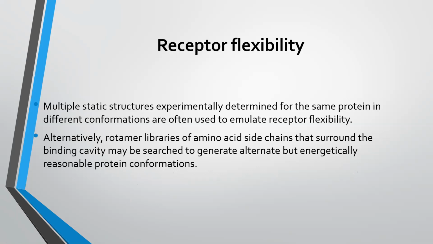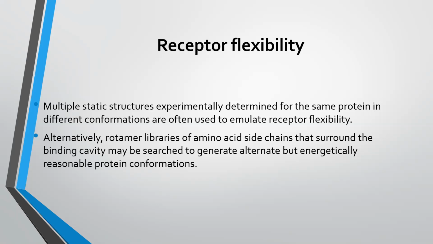So how do we incorporate receptor flexibility into the docking program? One way is multiple static structures which are experimentally determined for the same protein in different conformations. You have one protein, and obviously to find out the three-dimensional structure of a protein, we have to go for experimental elucidation of the protein structure.